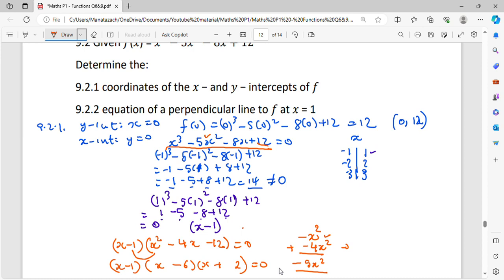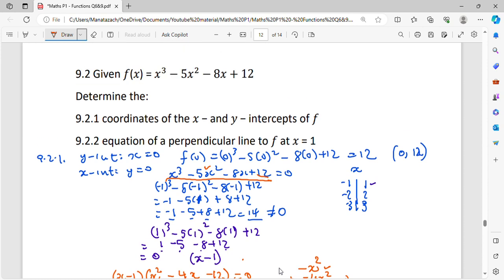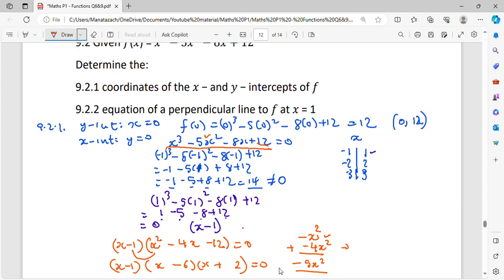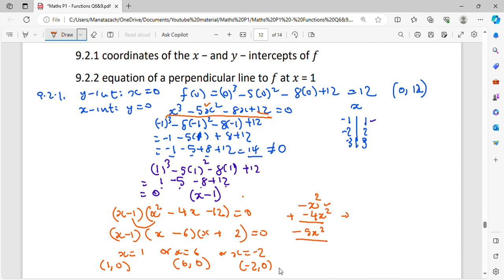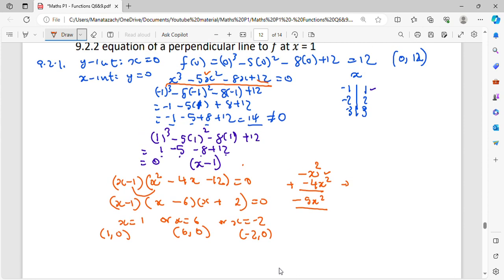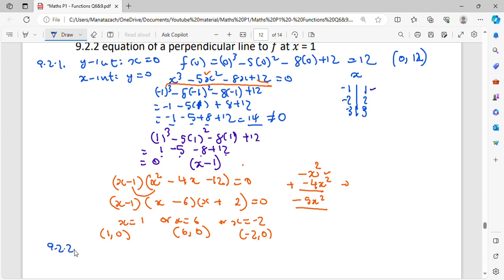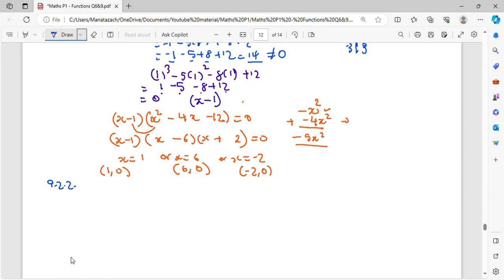Then the second question is the equation of a perpendicular line. Find the equation of the perpendicular line for f at x is equal to 1. Okay, let's go back to our original color, blue. The perpendicular line of f at x is equal to 1.